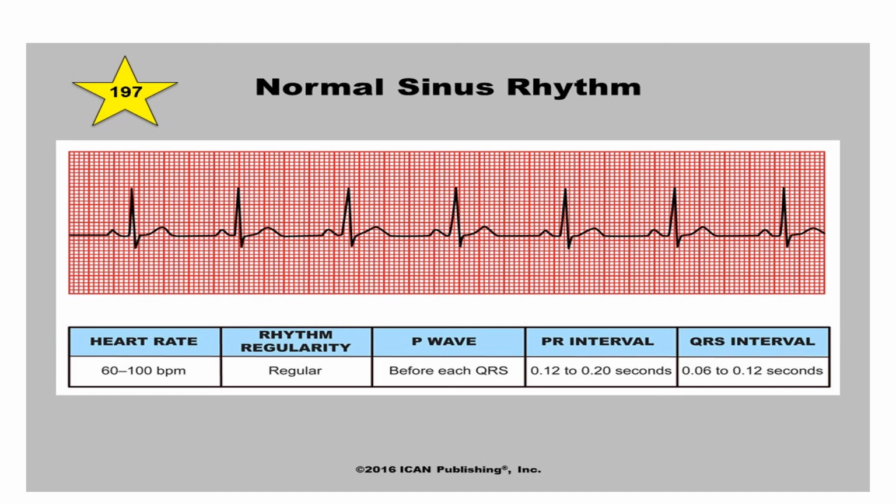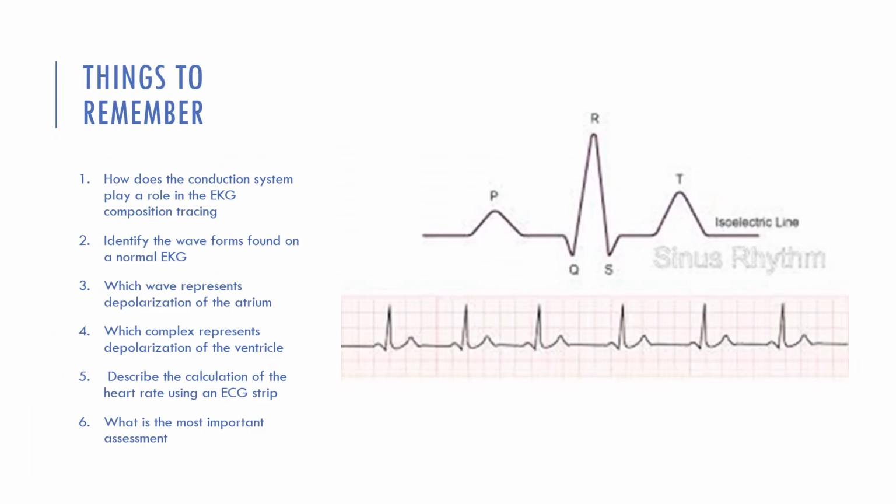This is going to be important when we start looking at abnormals. If we look at abnormals, these segments down here are going to start changing. So you need to know what a normal looks like before we come to class to start looking at your abnormals.